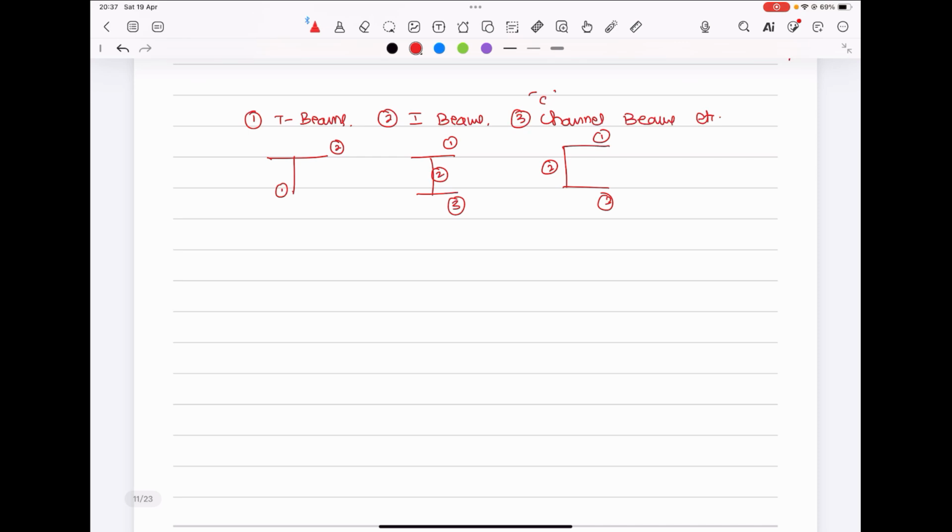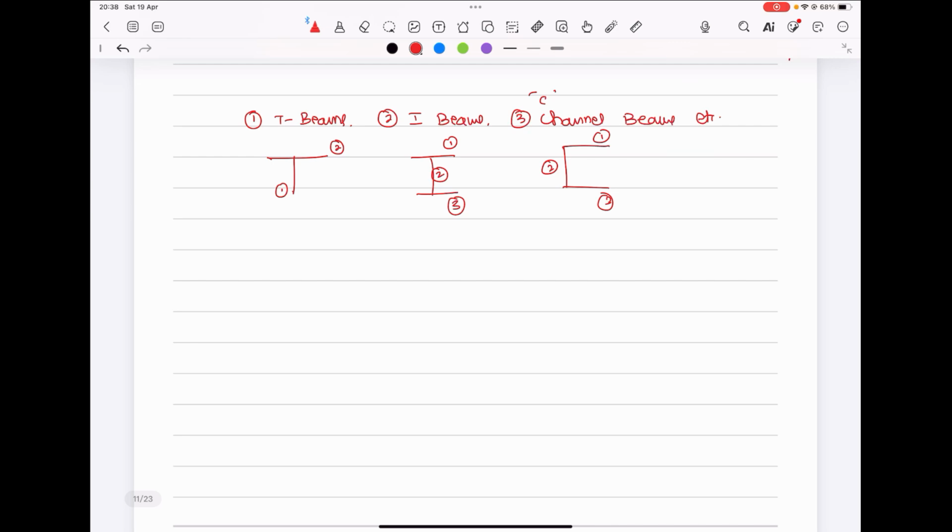Center of gravity is found for the neutral axis position, and to find the applied stresses we use the moment of inertia or second moment of area. When we know both, the tensile portion or compressive portion of the beam, and the tensile and compressive stresses and strains on the beam, can be found out.